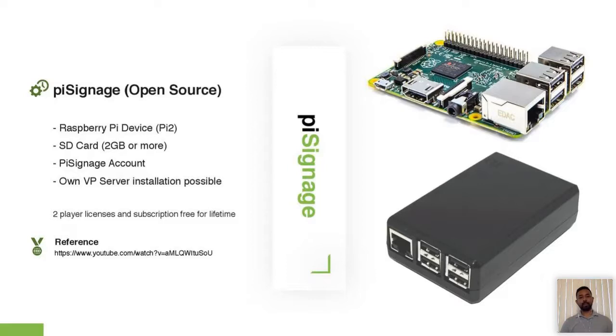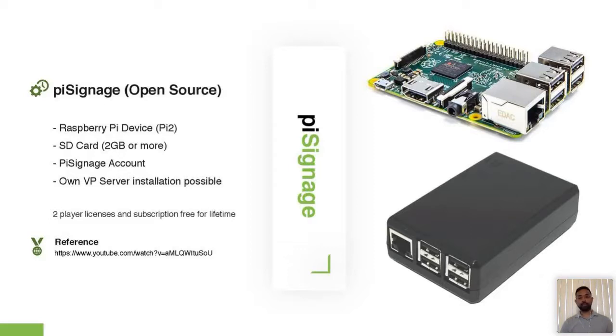And the next thing is we need a Pi Signage account. Pi Signage is the digital signage provider company. It's an open source company. If you want, you can do that yourself. But as I said, there is a small cost involved. If you don't want to create your own server, they are providing it. For each device, you need to pay something like 2,500 rupees or 3,000 rupees for a year for one device.